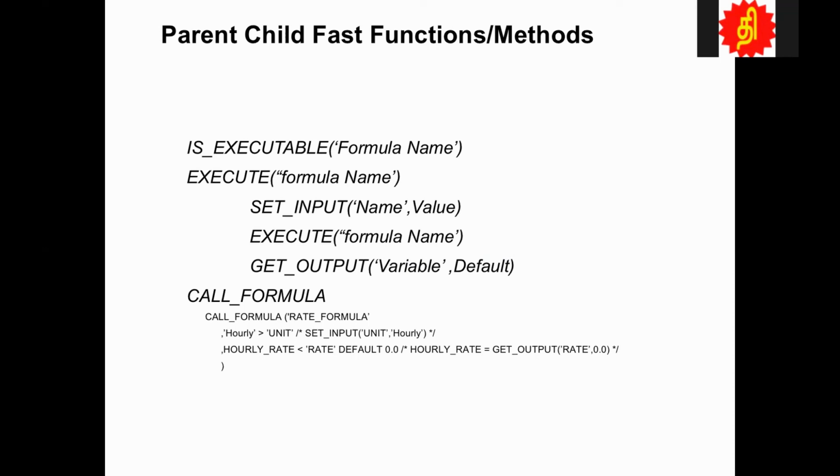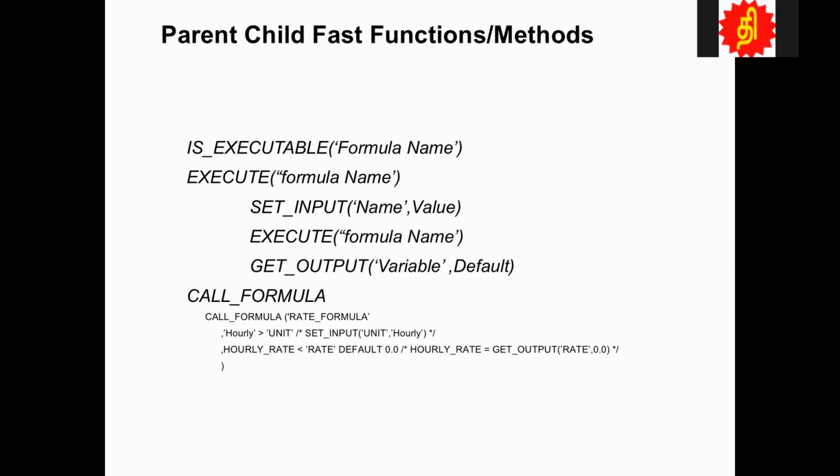Either you can send some parameter, some additional value, to the child by setting input variables, or you can set the context. Then you can execute the formula. Then you can get the output by calling get output using the exact variable returned by the child formula.